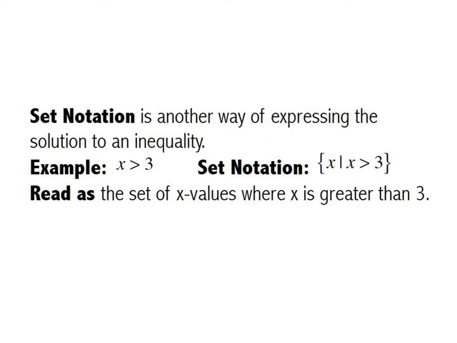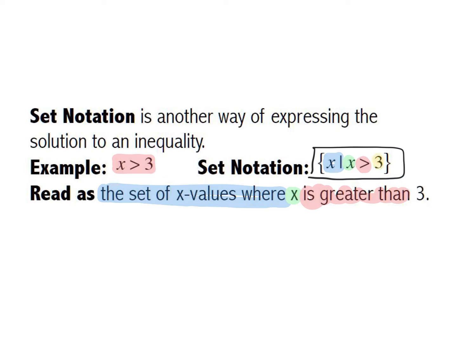Set notation is another way of expressing the solution to an inequality. For example, x is greater than 3. Okay, set notation, rewrite it in the form that we have here on the right hand side, and that reads as, and I'll highlight so you know the parts, the set of x values where x is greater than, in this case, 3.